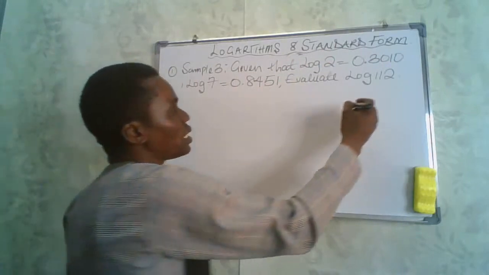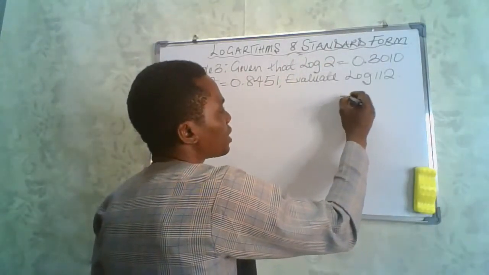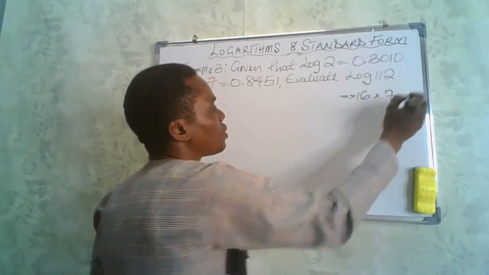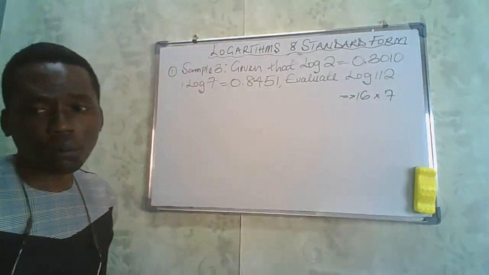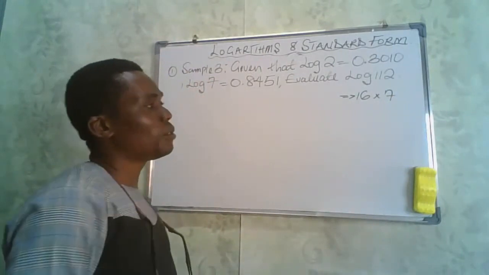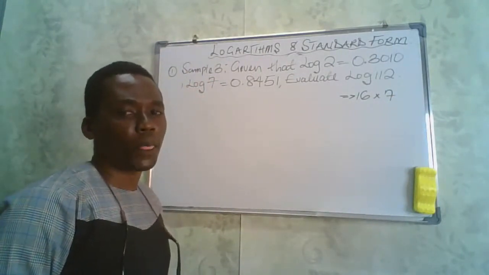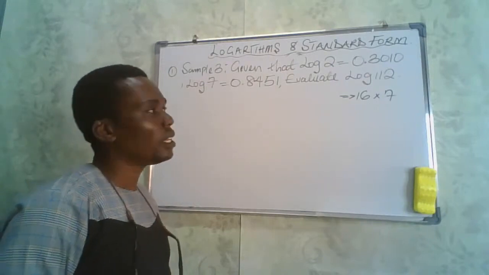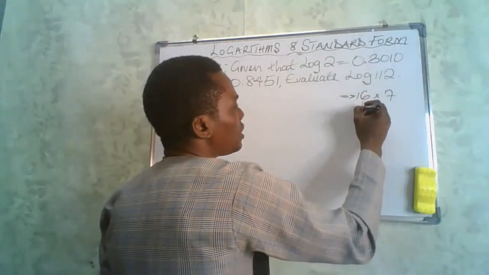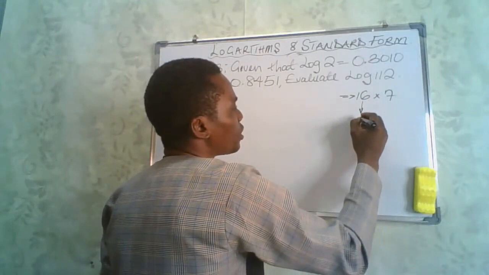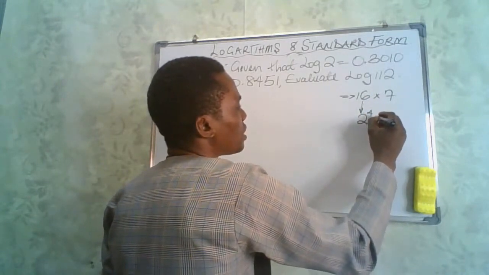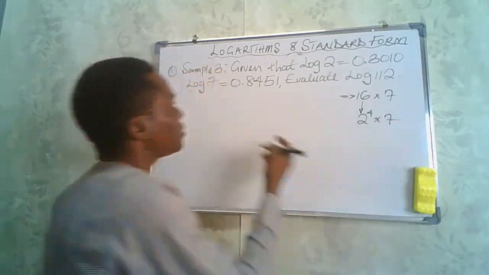The factors of 112 can easily give us 16 multiplied by 7. 16 multiplied by 7 can give us 112, right? Good. And 16 can easily be reduced, because 2 to the power of 4 is equal to 16, and then we already have 7 here.